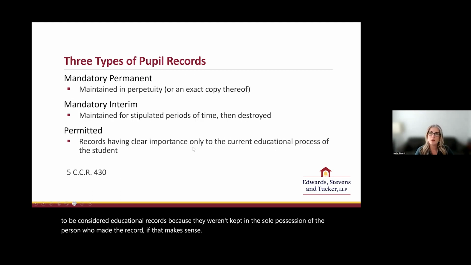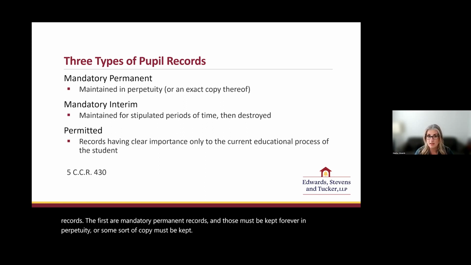The other thing to be aware of is that there are three categories of records in terms of the types of records that you must maintain and for how long the school must maintain those records. This is found in the California Code of Regulations. The first are mandatory permanent records, and those must be kept forever in perpetuity, or some sort of copy must be kept forever.